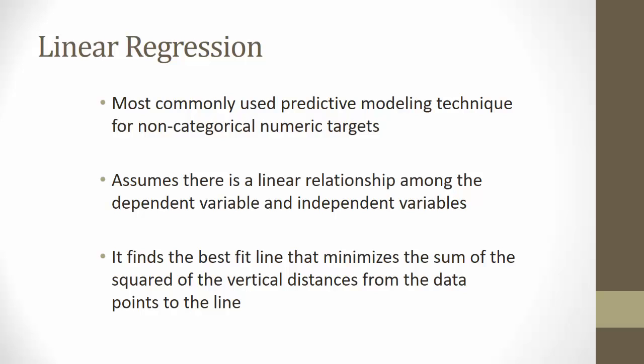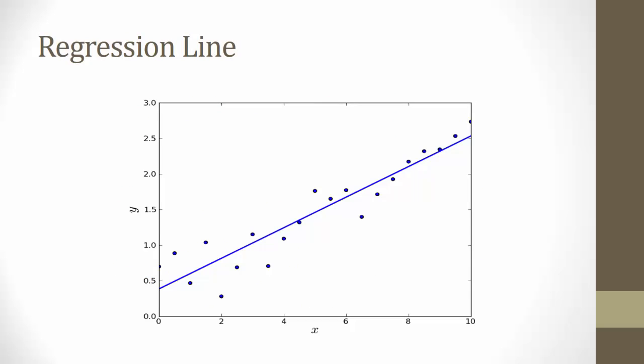It means a variable whose value depends on some other variables. Those variables that contribute to the dependent variable's value are called independent variables. Linear regression finds the best fit line that minimizes the sum of squared vertical distances from the data points to the line. You may wonder what this means. You will see in the next slide what this actually means.